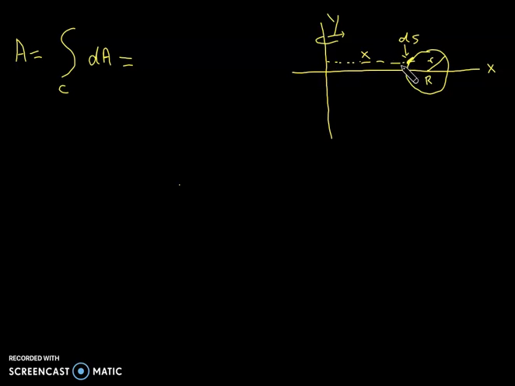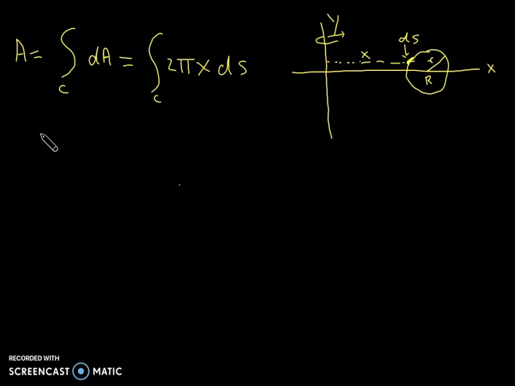And that distance is the circumference of the path of this point (x, y) right here, and that circumference is 2 pi x. So we get the integral over the curve, the circle C, of 2 pi x times ds.